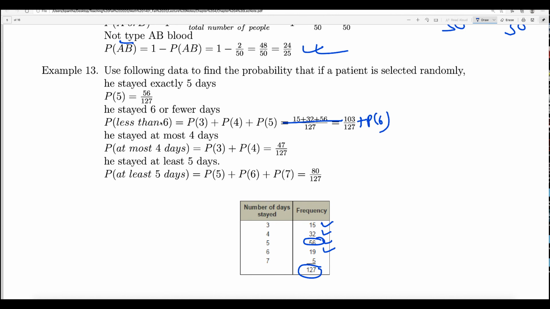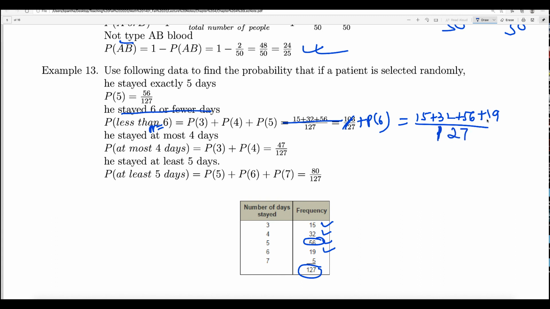So less than or equal to 6. That's what 6 or fewer means. Okay. So P3 plus P4 plus P5 plus P6. How much would that be? That will be 15 plus 32 plus 56 plus 19, right, over 127.